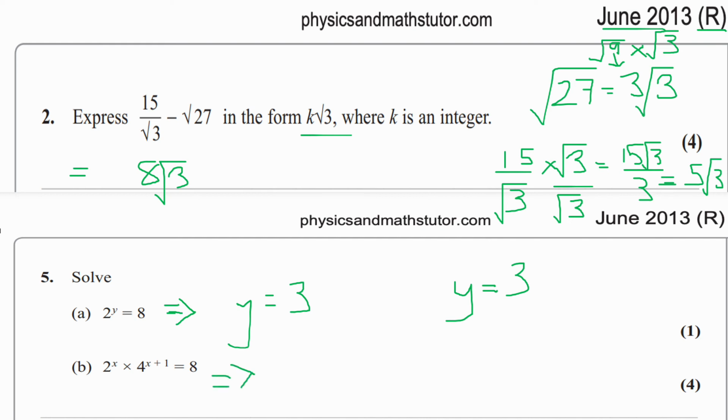Okay, part B: 2 to the x times 4 to the x plus 1 is equal to 8. So writing everything as a power of 2, I'm going to have 2 to the x times 2 squared, raised to the x plus 1, because I'm essentially writing 4 as 2 squared.